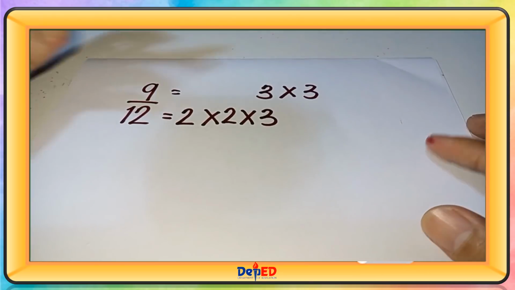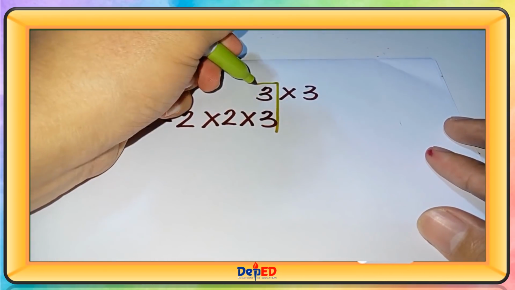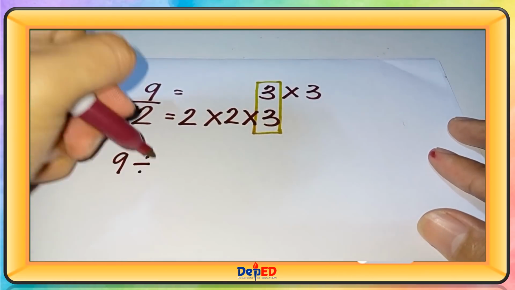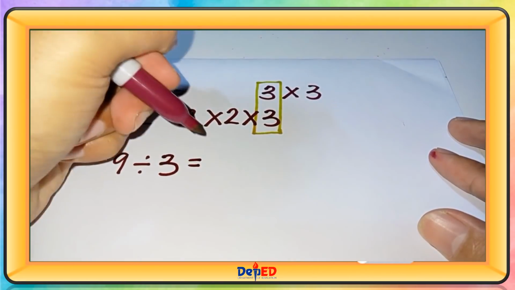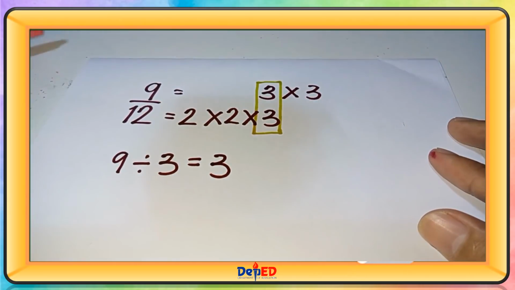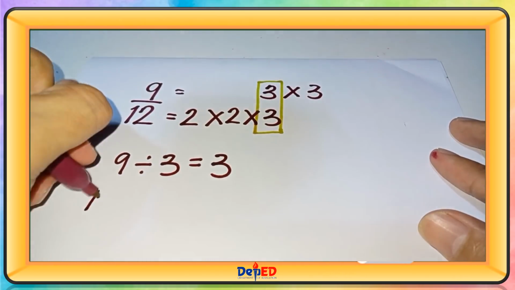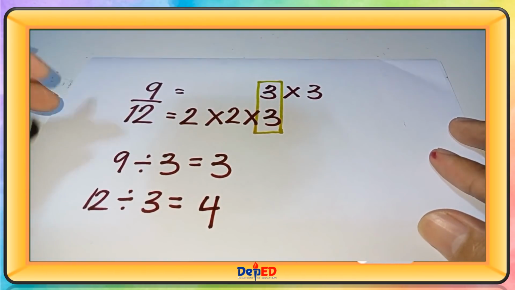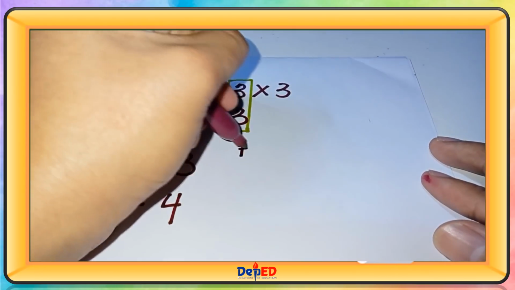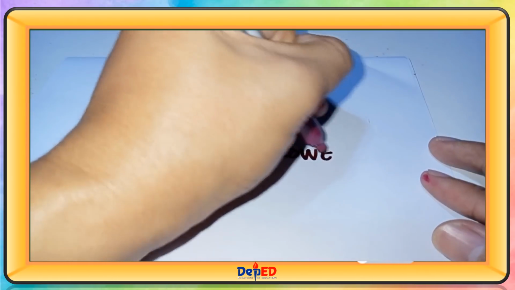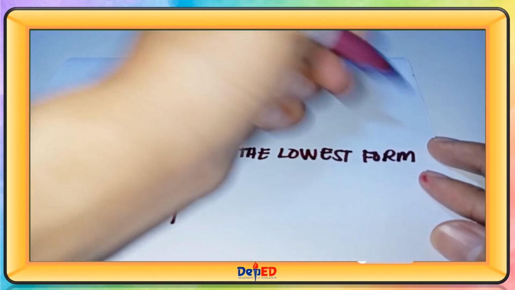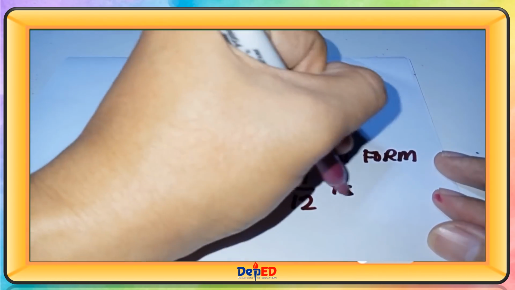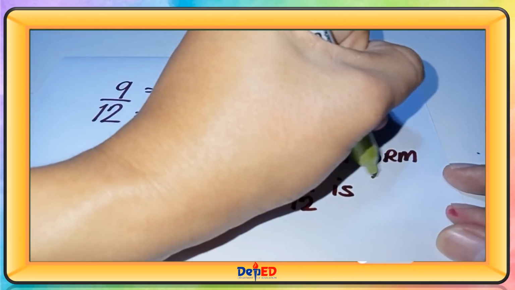We have one common factor, which is number 3. 9 divided by 3 equals 3. 12 divided by 3 equals 4. The lowest form of 9/12 is 3/4.